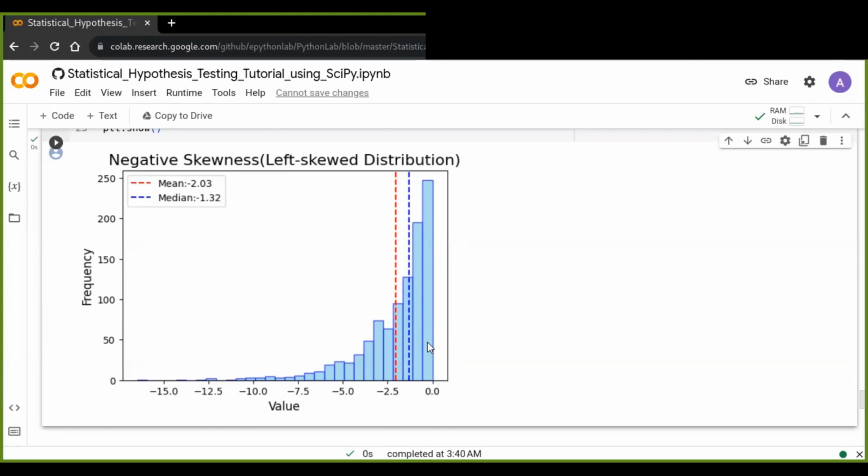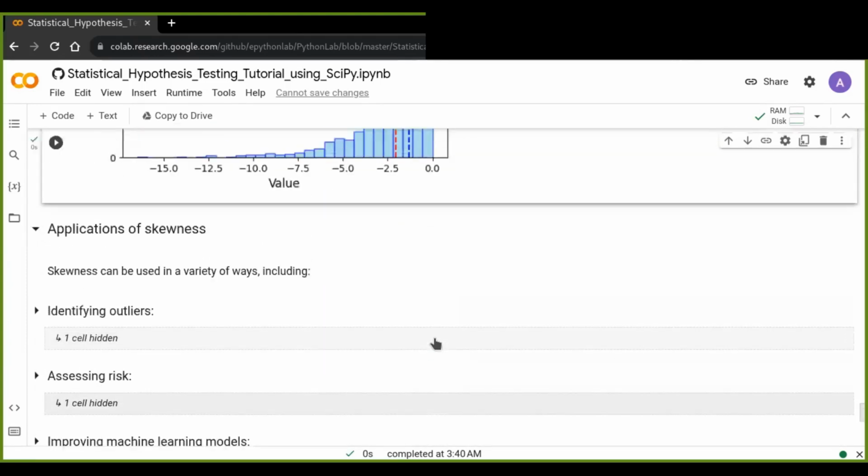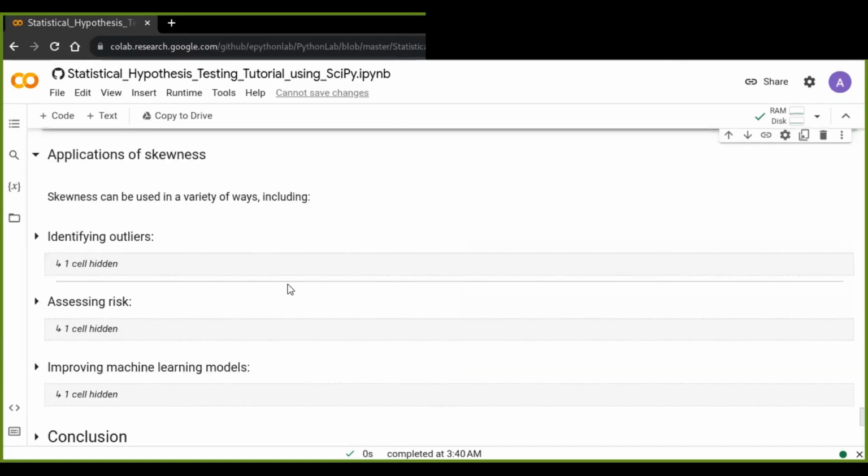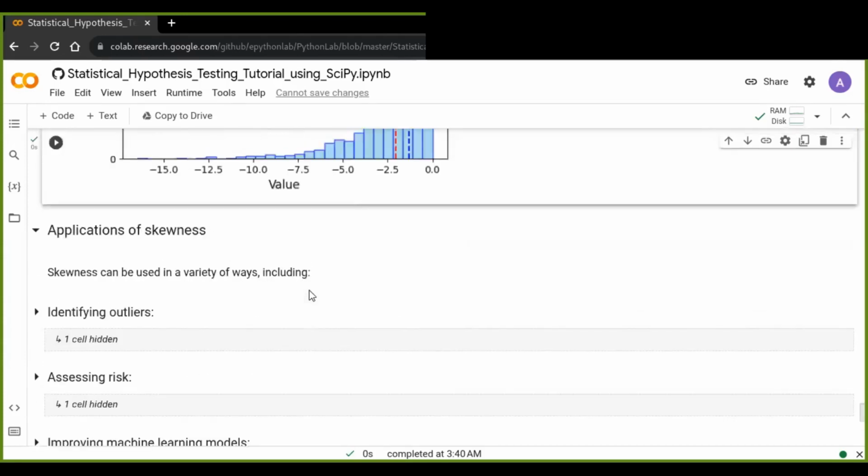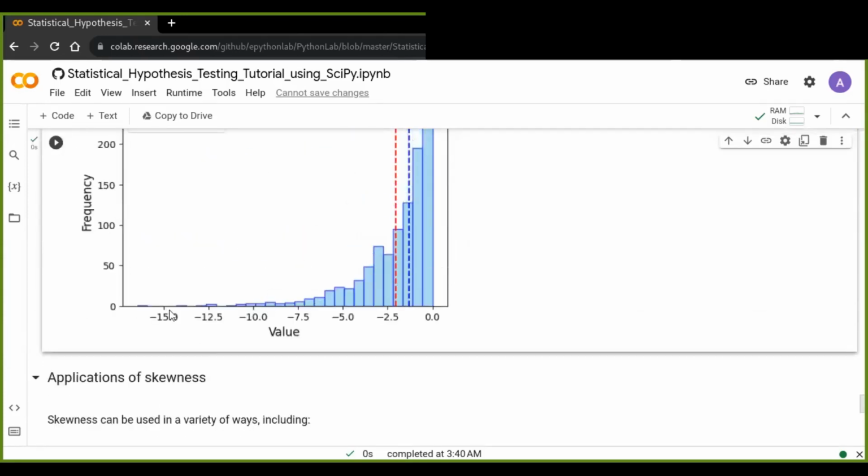Here are the applications of skewness. Skewness can be used in a variety of ways, including identifying outliers. When do you use skewness of your data? One is identifying outliers. If your data points have outliers, for example, some data points are very far from the center of the data.